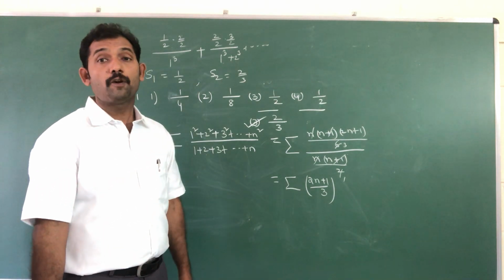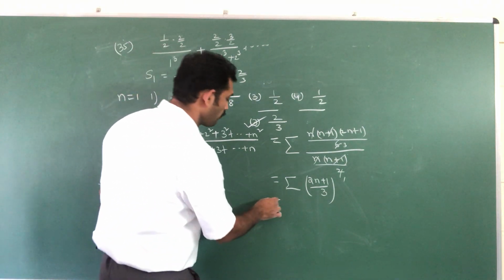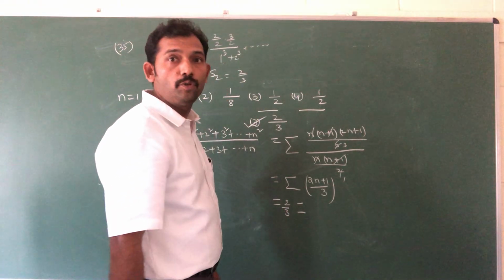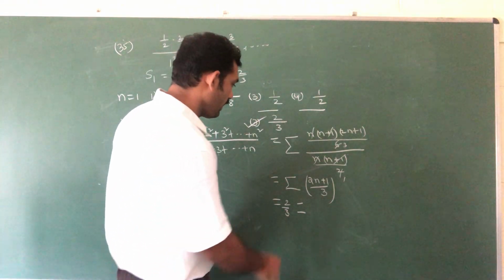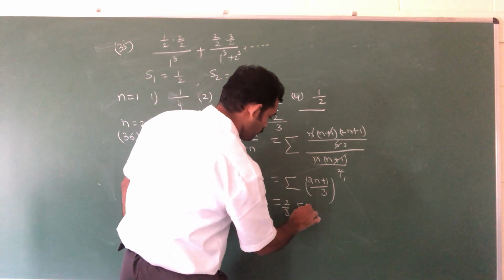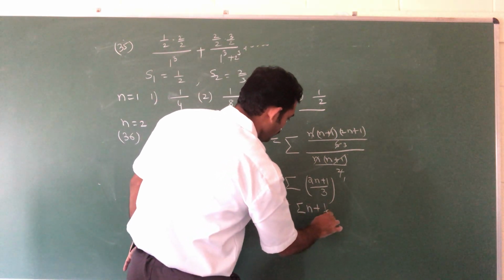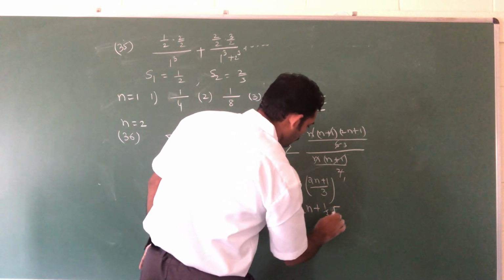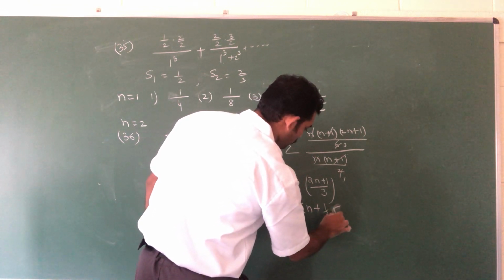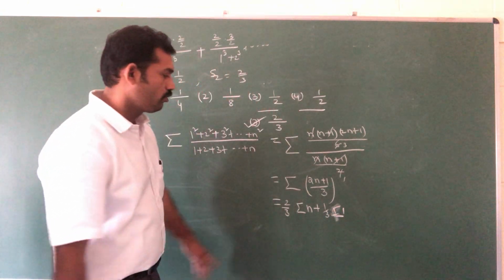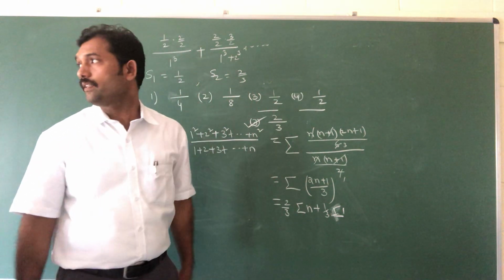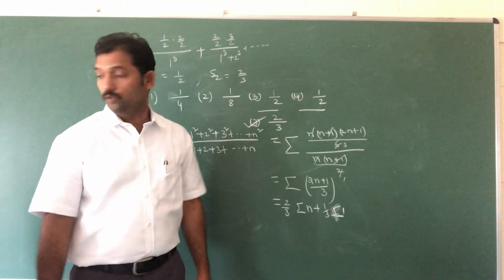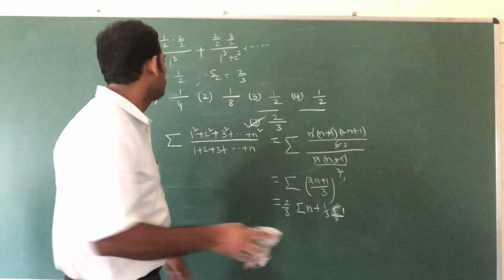So this one you have to expand the sigma. So first 2 by 3 sigma n plus 1 by 3 into sigma 1.